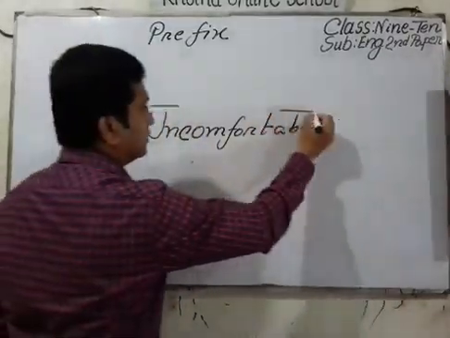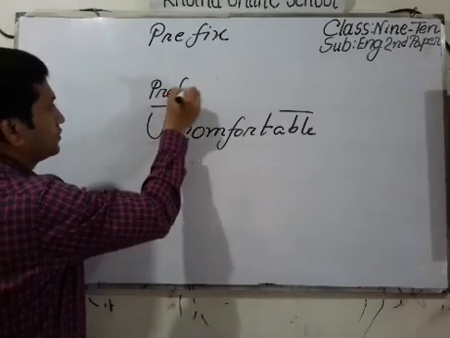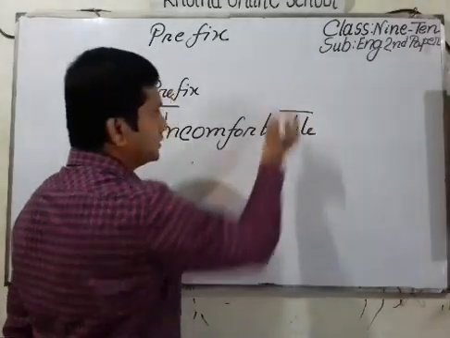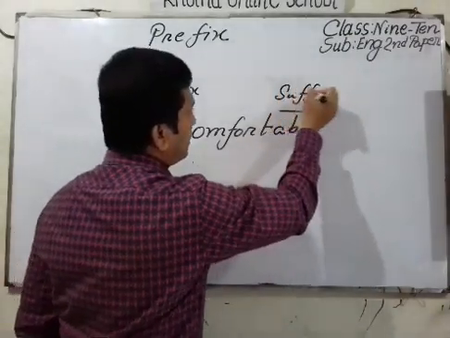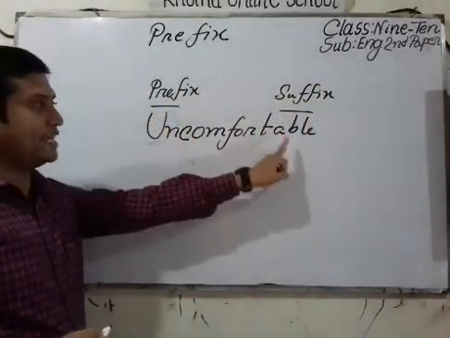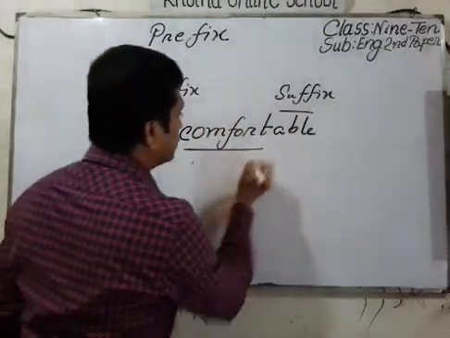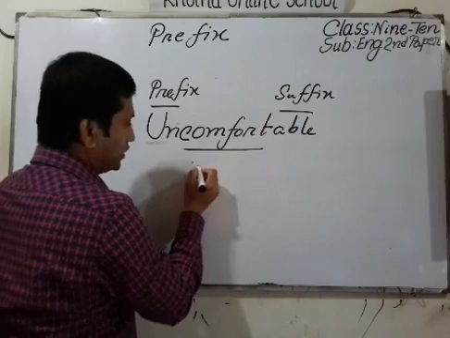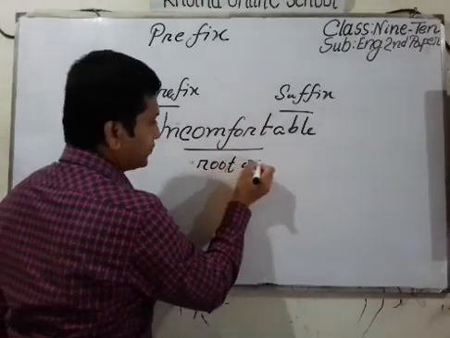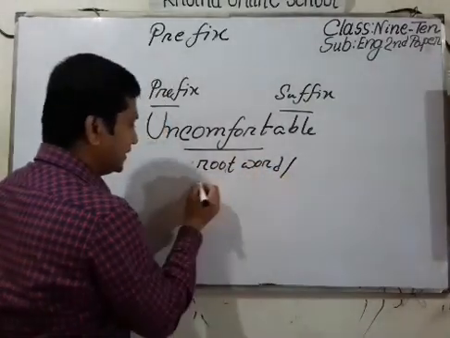Un is a prefix, and able is a suffix. The middle part of the word is the root word. It is the root word. Or you can say it is the base word.